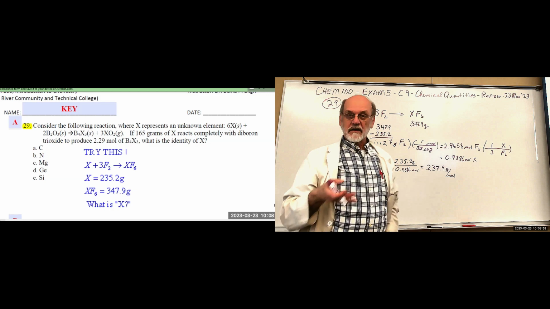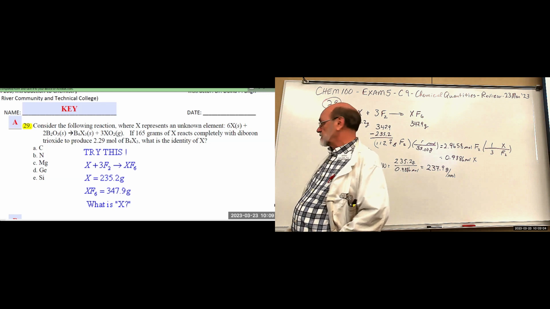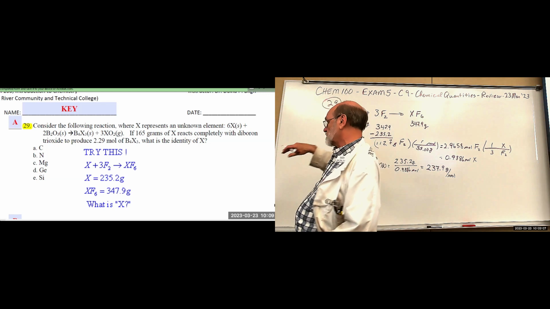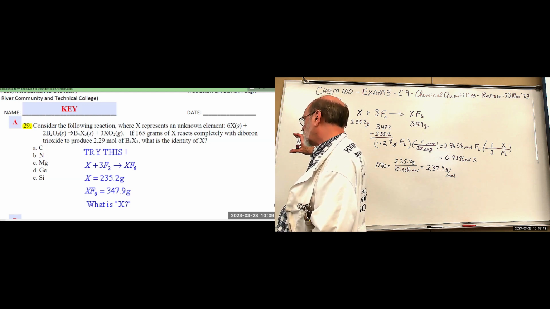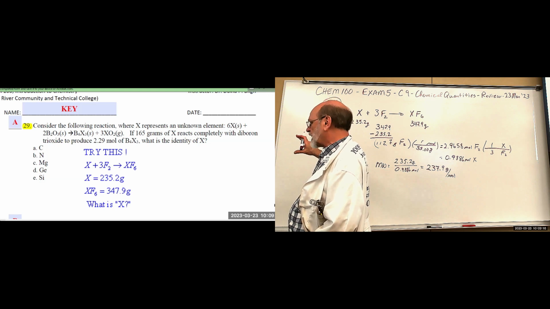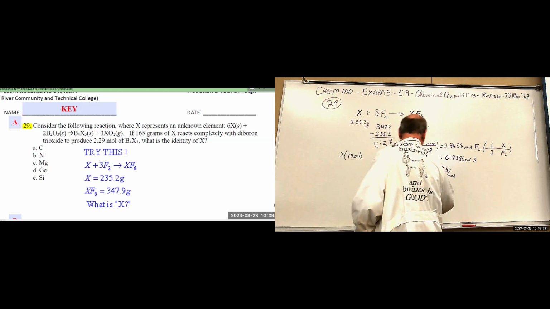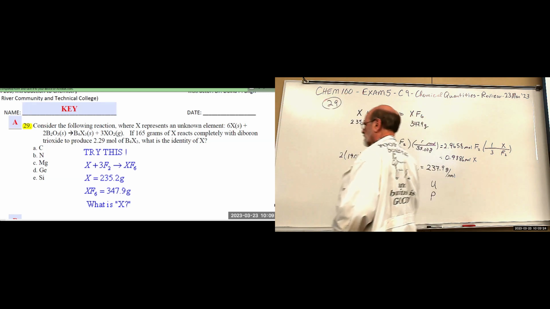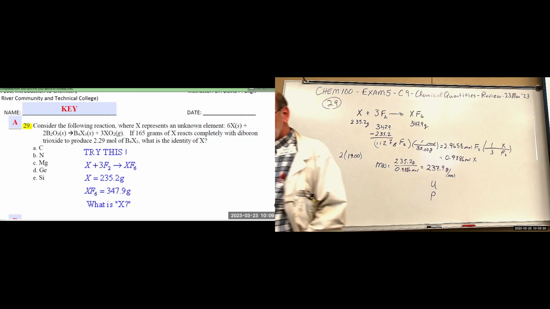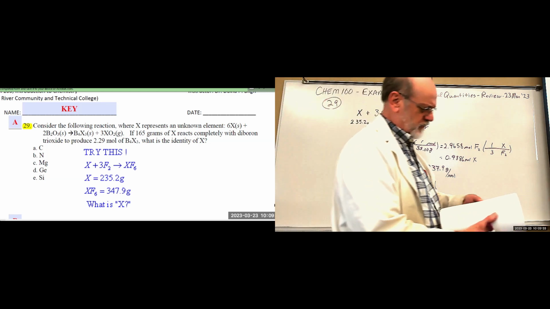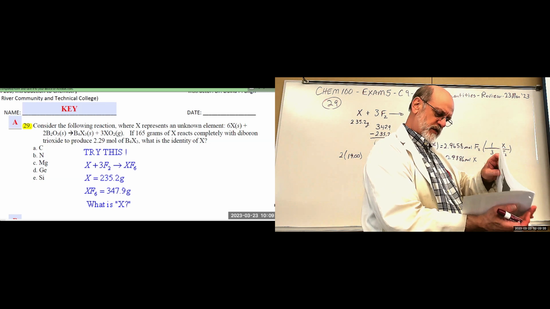Now we got to go find out what element has that molar mass, 237.9. That's a heavy element. So we move way down at the bottom of our chart and we find that the closest one, all right, we got the possibility of 2 different ones. It could be uranium or it could be plutonium. Let me see if I have a value for plutonium. Plutonium on the chart only gives you the most stable isotope.